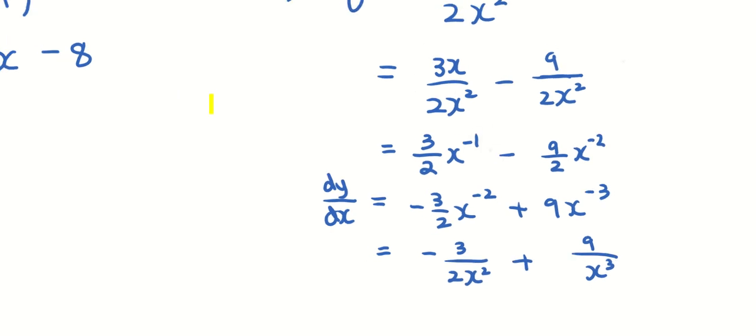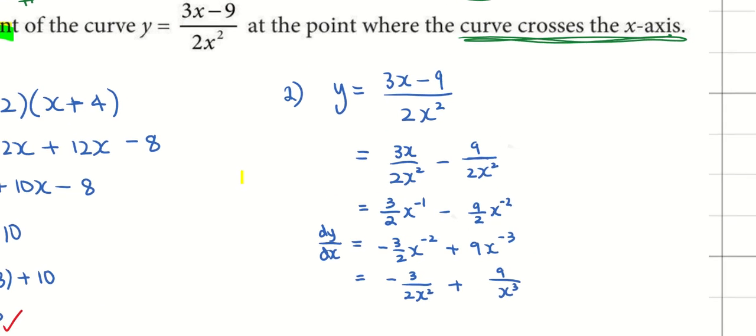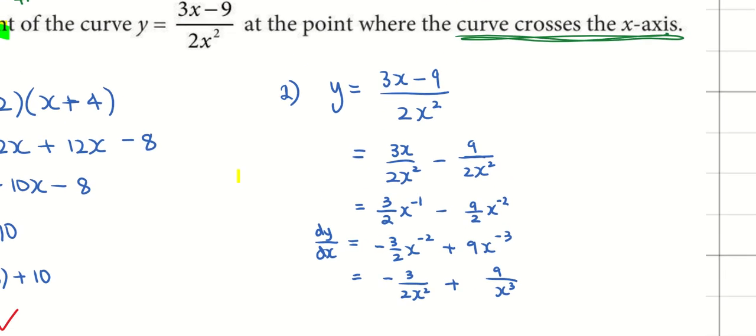So after this step, after we find dy/dx, we come to what coordinates do we have? When the curve crosses the x-axis, what is the value of x? You only know that on the x-axis, y is 0, right? Can we find the value of x?